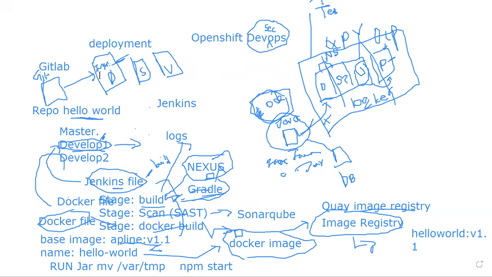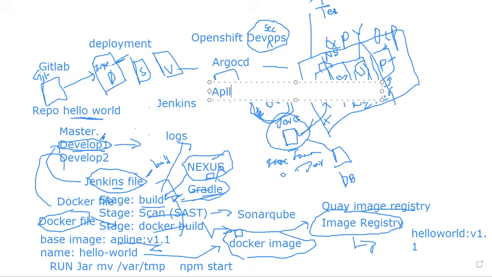Whenever I update the image, I have also configured deployment with Argo CD. Since it's a new application, once I create it with the build pipeline, I go to Argo CD. In Argo CD, I will create an application. So if you go to the Argo CD console, you can create an application, or we can use the Argo CD CLI.